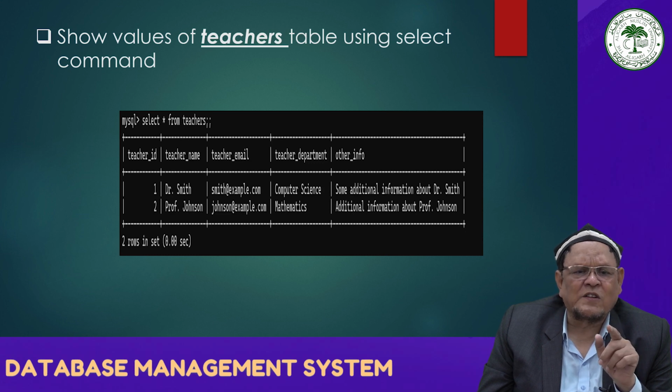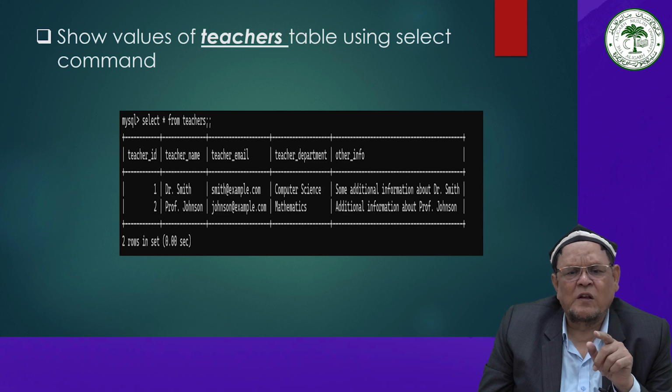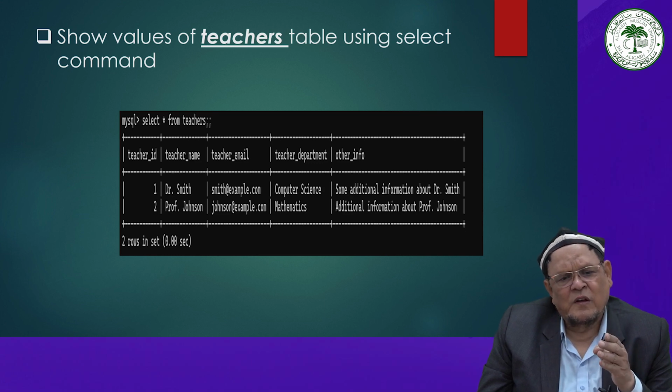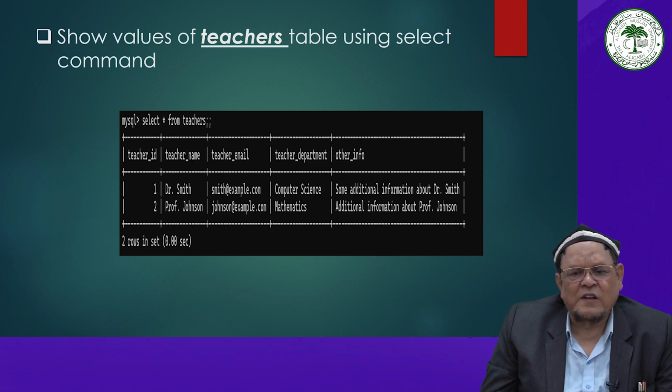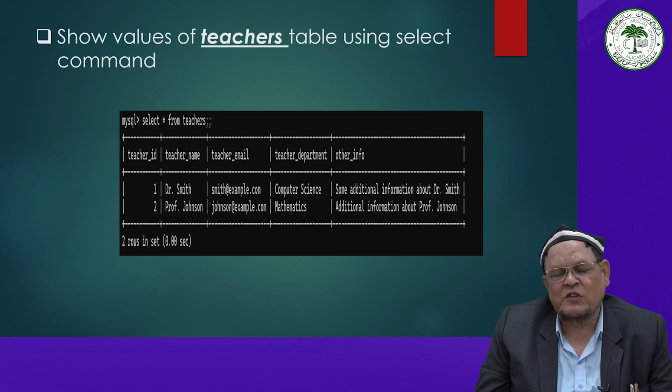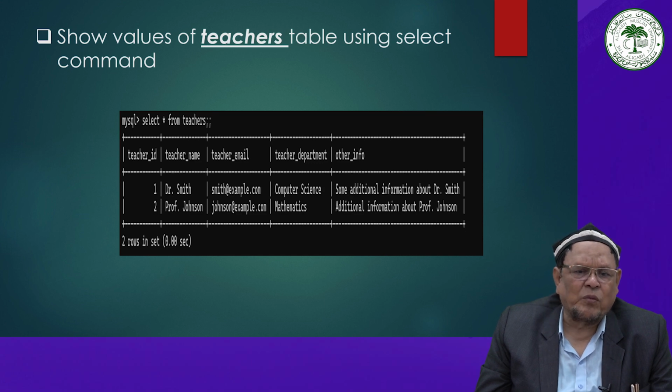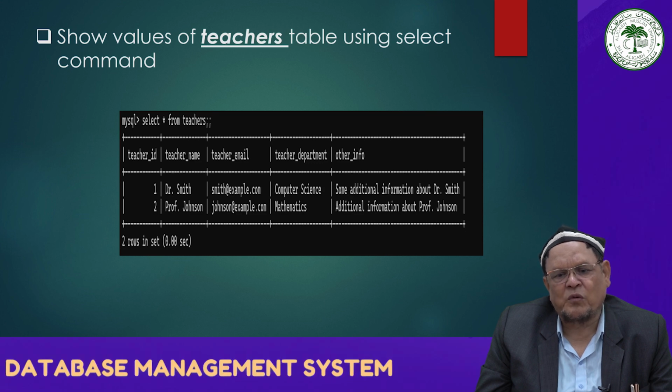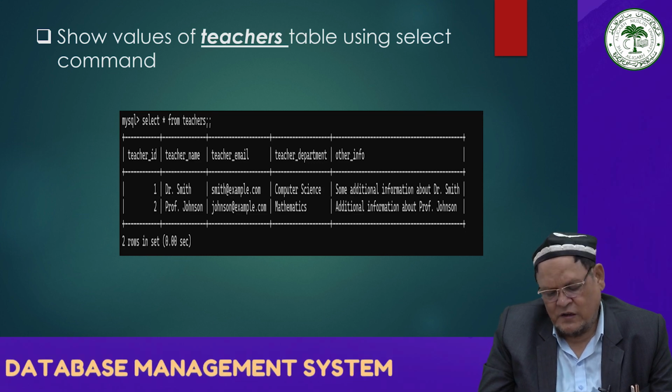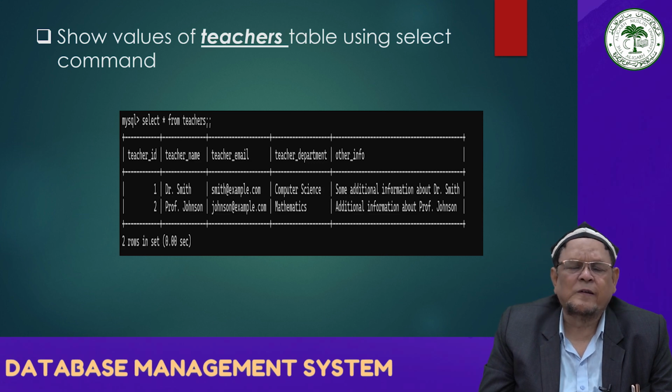Otherwise, select star from teachers gives teacher's ID, teacher's name, teacher's email, teacher department, other information, as you can see on the screen. Dr. Smith, @example.com, computer science, some additional information about Smith, 1 tuple. Second tuple, Professor John, @example.com, mathematics, additional information about Professor John. 2 rows will be added. In this way you are able to see the tuples.